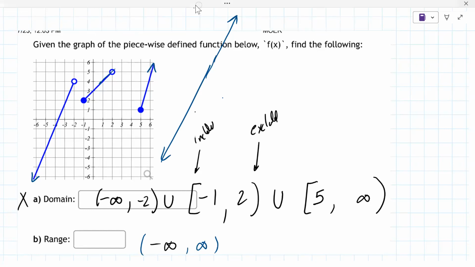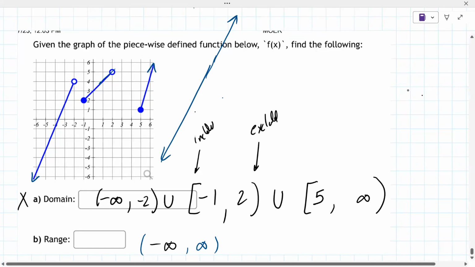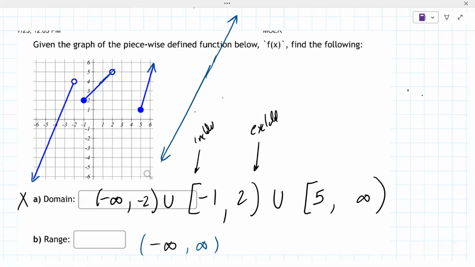Yeah. Any questions, thoughts on that? No, just gotta remember the x and then just the y. Yeah.